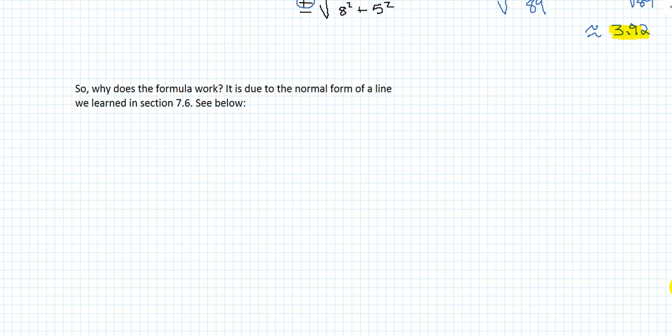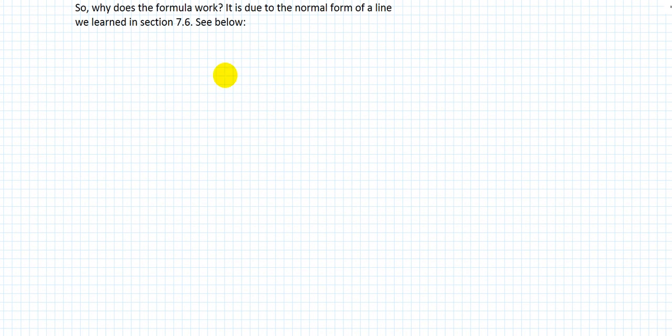So why does this work? That's tricky. It's really tricky to show you without looking at the book there. So I really need you to be on page 470, and I just want to talk you through it. If you look at page 470, you'll see where they have the blue and the red dotted line.